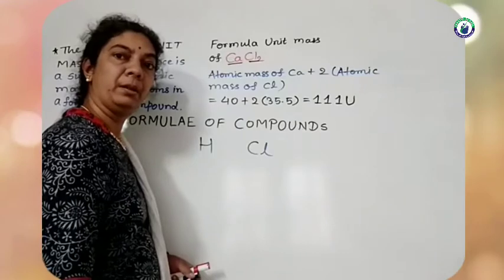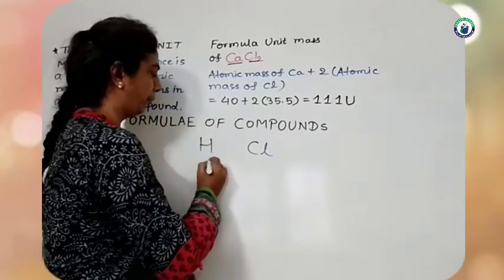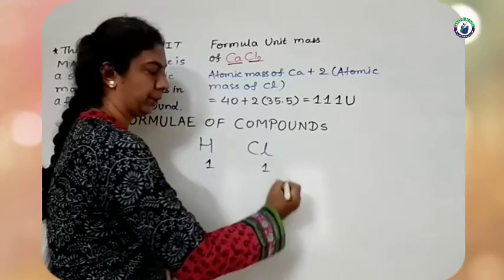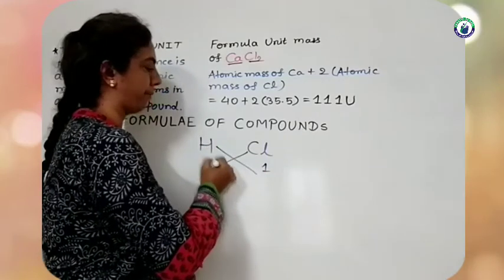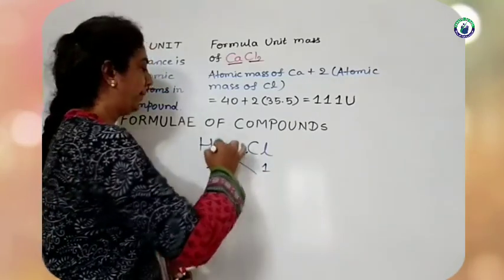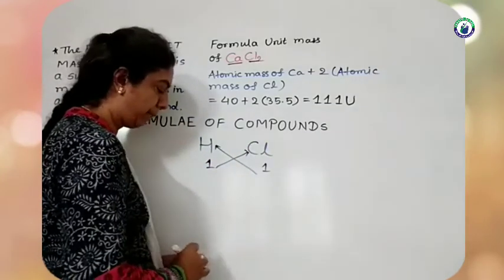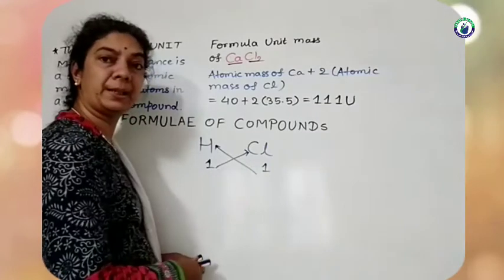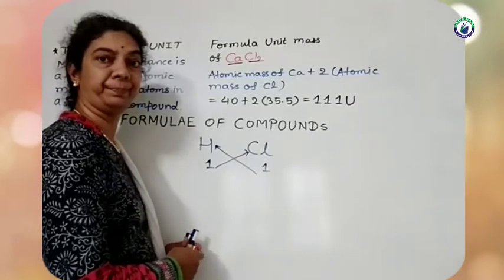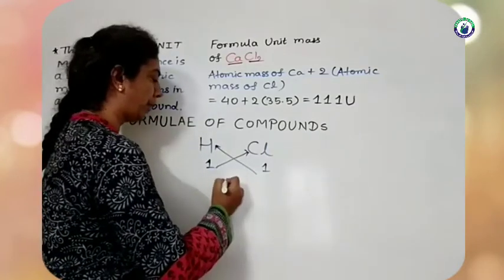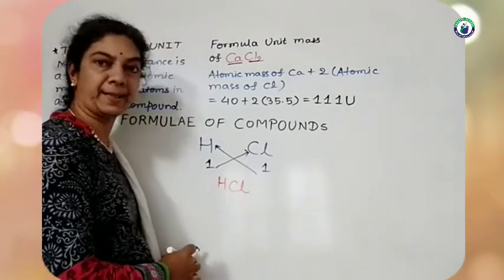Recall the valencies of these two. H is having 1, Cl is also having 1. Crisscross them. That means we have to write this as subscript. But if both the valencies are the same, then we will not write anything in the subscript, so the formula becomes HCl.